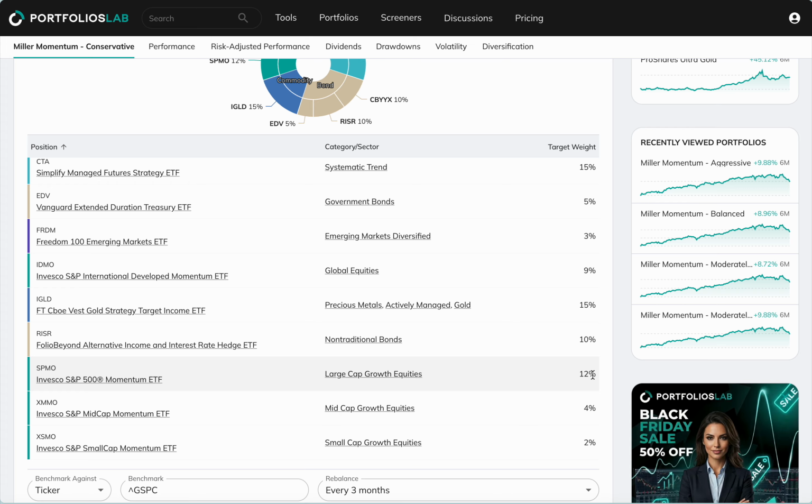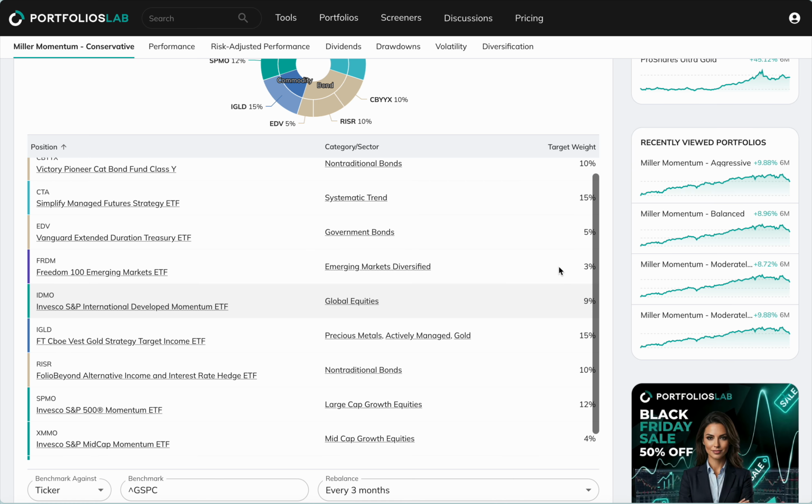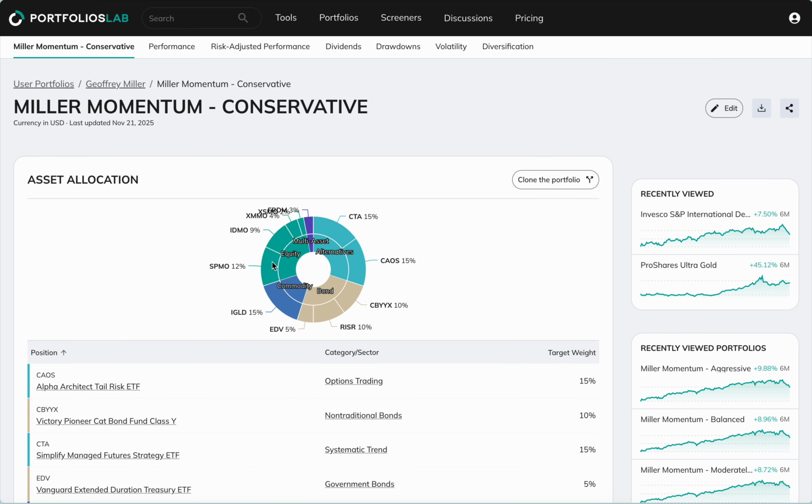So, for US, you've got just 20% allocated to US equities. Wait, no, 18%. My apologies. I can't math this early in the morning. And then you've got another 12% over here. So, it's just about 30% of the portfolio.